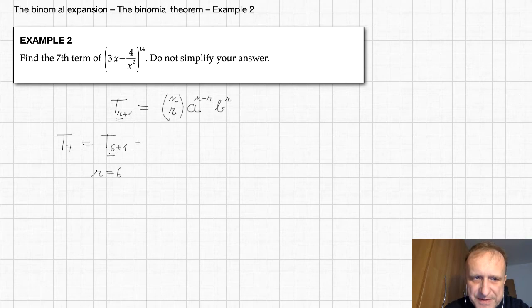So, our 7th term will have the form n, which is 14, choose r, which is 6, times a to the power of n minus r, so it's 14 minus 6, okay, so 14 minus 6 is 8, times b to the power of r, which is 6.